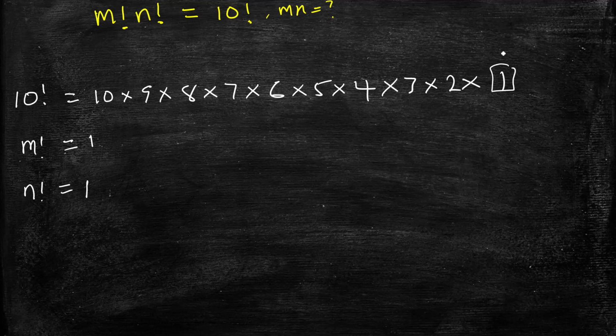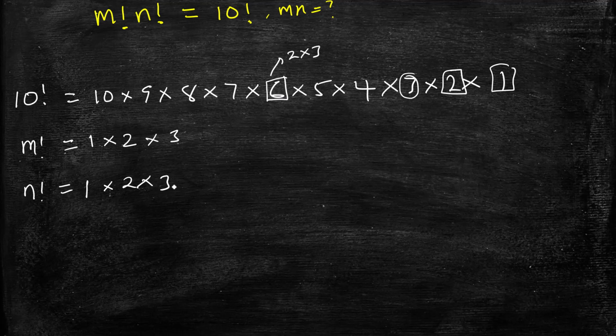Okay, so let's give 2 to m, so times 2. We've taken this one out, so 2 is out. Let's give 3 to m again. Now we know n is supposed to take 2 and 3, but we have 6 here. 6 is the same as 2 times 3, so we can say 2 times 3.